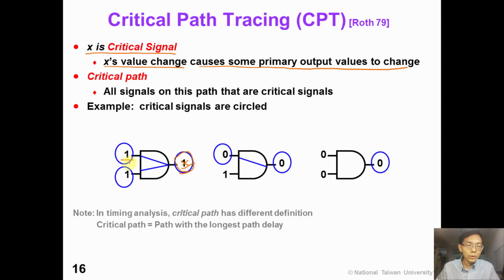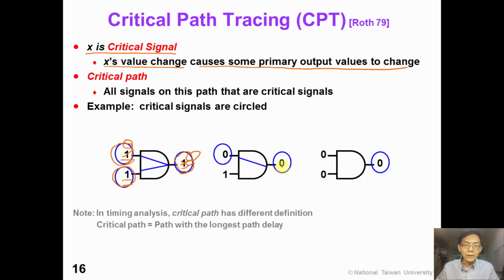For these two gate inputs, they are both critical signals because they are non-controlling values. If this one is flipped to 0, the output would also be flipped to 0. So this is of course a critical signal. Similar things here.